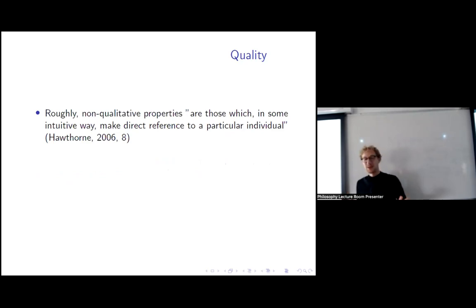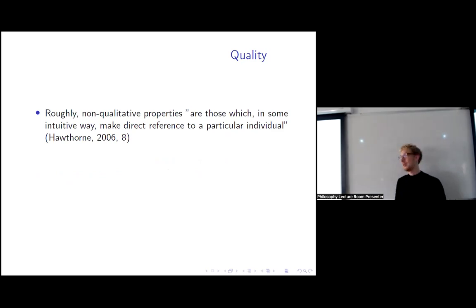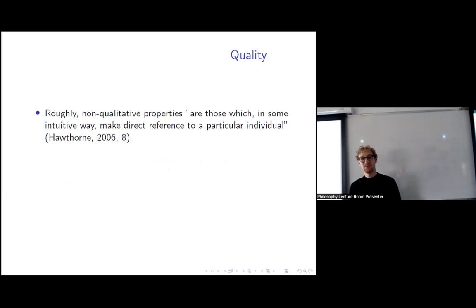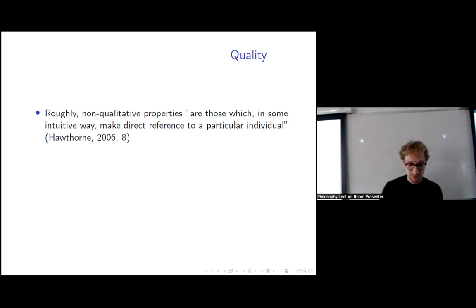So roughly, we'd say something like non-qualitative properties are those which, in some intuitive way, make direct reference to a particular individual, right? So a typical example of a non-qualitative property would be something like being identical to Caspar Jacobs or being the uncle of Caspar Jacobs, right? Because that refers to the individual Caspar Jacobs.